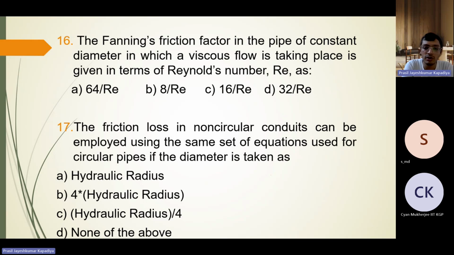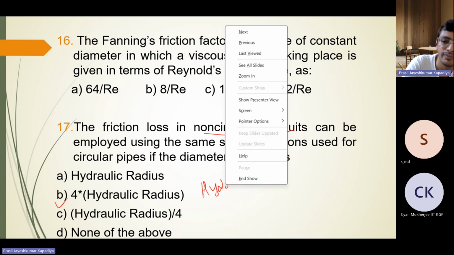Friction loss in non-circular conduits can be computed using the same set of equations used for circular pipes. If we need to take the diameter, we are asked about diameter, not radius. This is a theoretical question: diameter is taken as 4 into hydraulic radius for non-circular pipes.